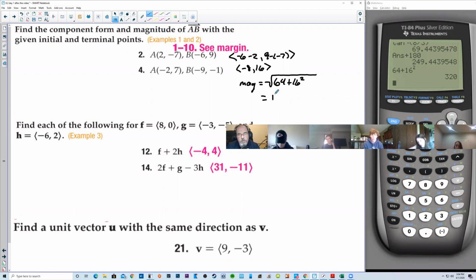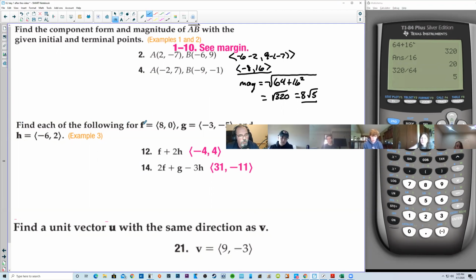So square root of 320, divided by 64, 8 square root of 5. So here is component form. There's magnitude. It's really all it is, the distance formula.